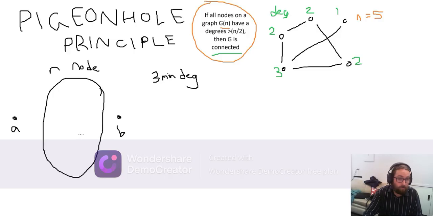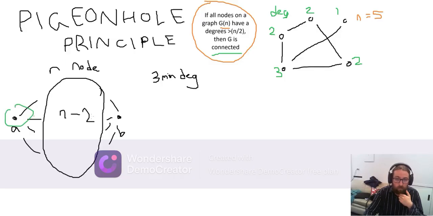And let's just say in the middle here is everything else. These are all the other nodes. Node A and node B are going to be connecting to some things in here, right? That's the idea. Now, how many nodes are in this big circle? Well, it's going to be n minus 2, right? Because the whole graph has n nodes in it. This is one of them. This is another one of them. So there's n minus 2 left.